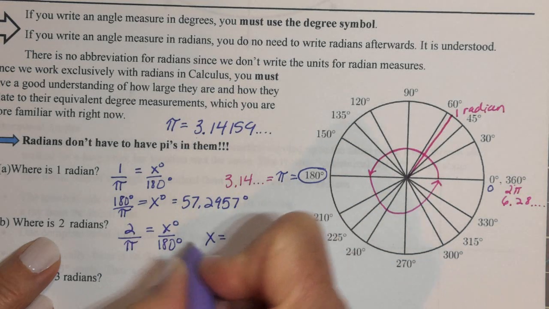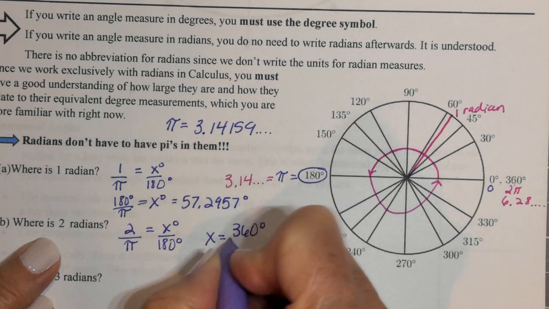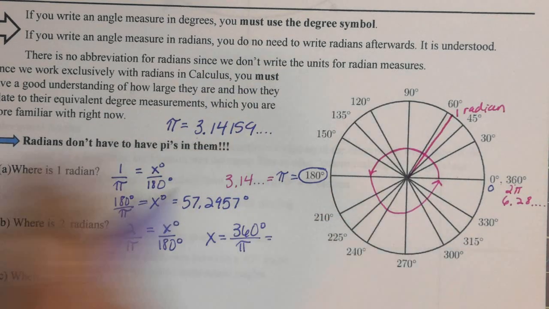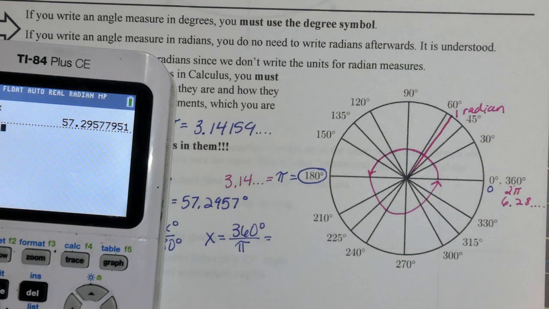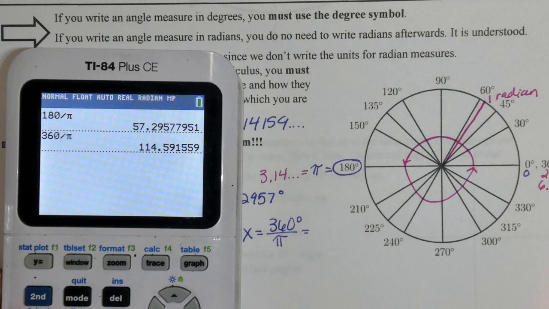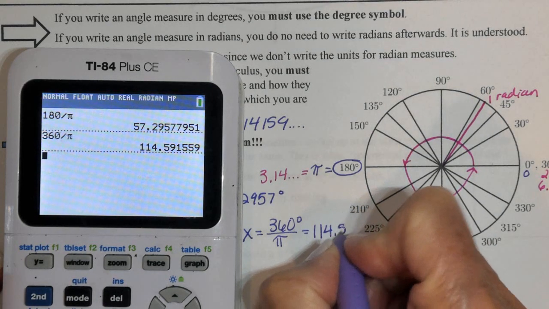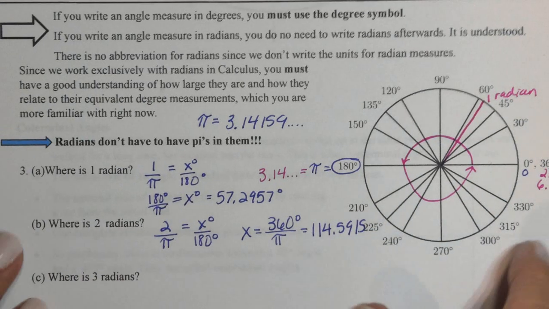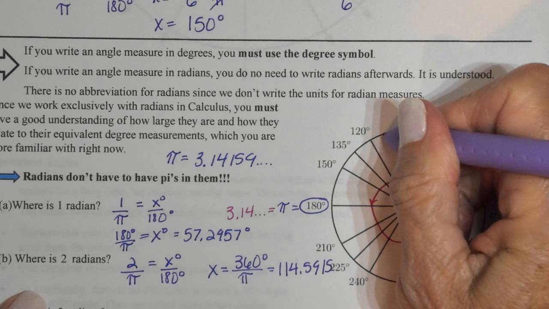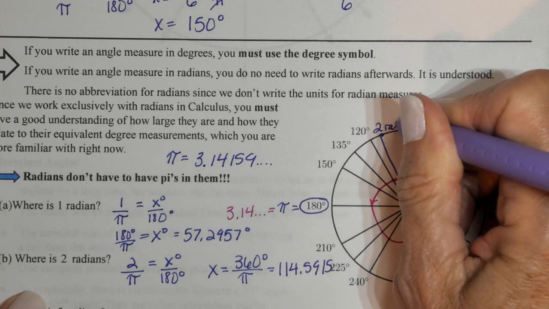So x here will be 2 times 180, which is 360, divided by pi. So x is 114.5915 and so on. Okay, so yeah, it's a little less than this 120. There's 2 radians.